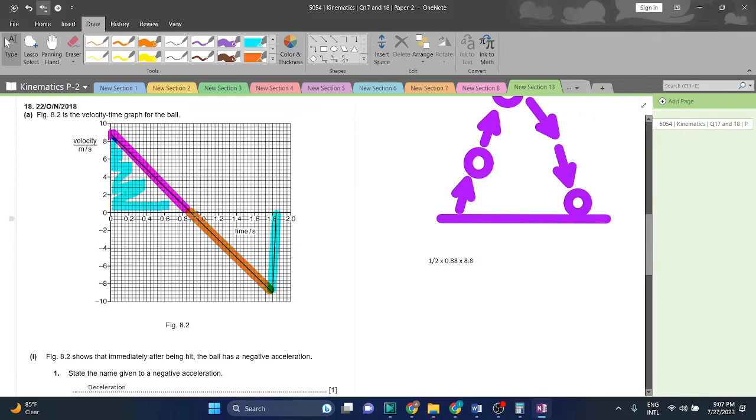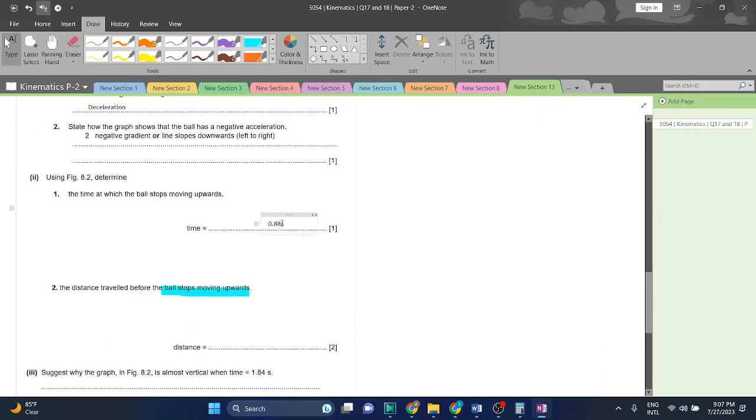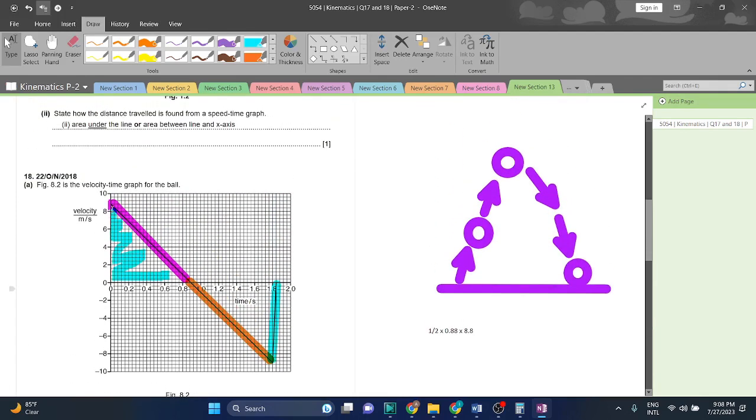This is the point and this is approximately 0.9. And this is 8.